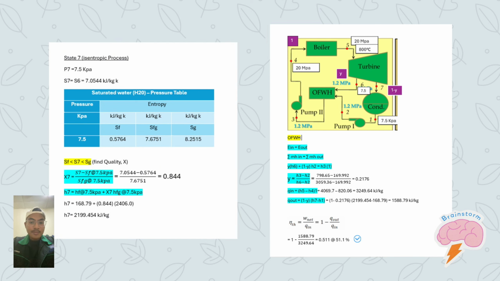Lastly, we get all answers for H1 until H7. We can find mass Y6. So the formula is energy in equal to energy out. Following the flow diagram above, we can get the formula Y multiplied by enthalpy 6 plus 1 minus Y multiplied by H2 equal to H3.